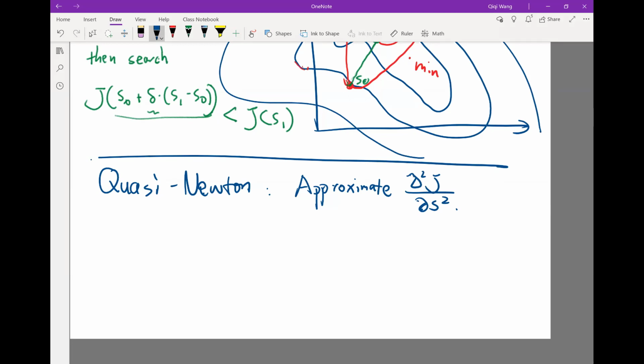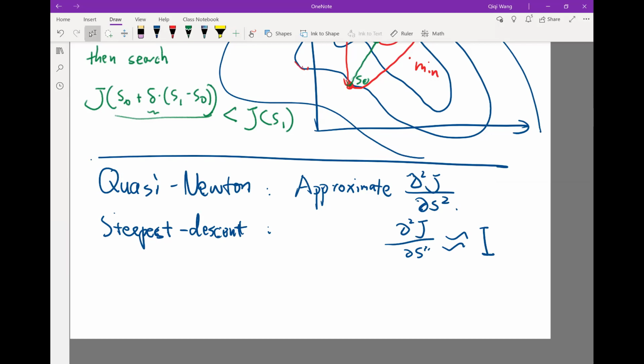Well, there could be even a steepest descent. Steepest descent actually is very popular in the recent rise of machine learning methods. That is to basically take the simplest approximation of the Hessian, that is, approximating it with an identity matrix.